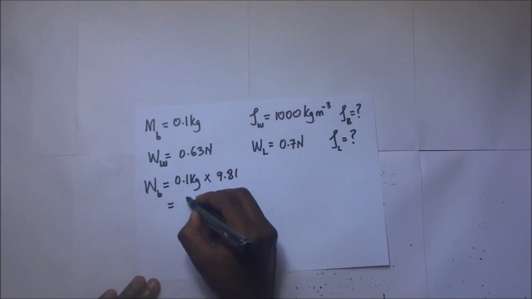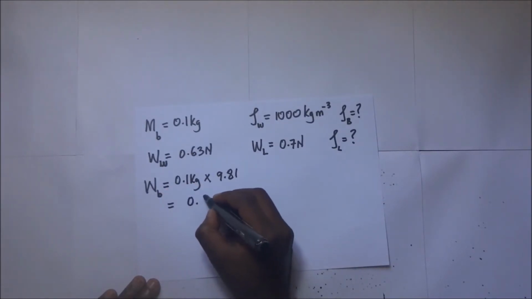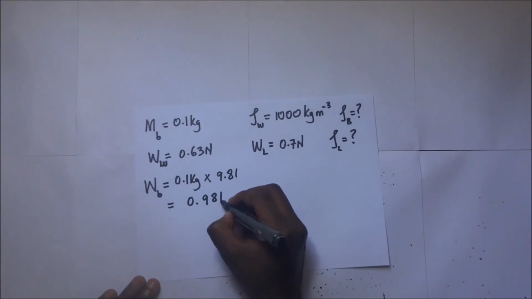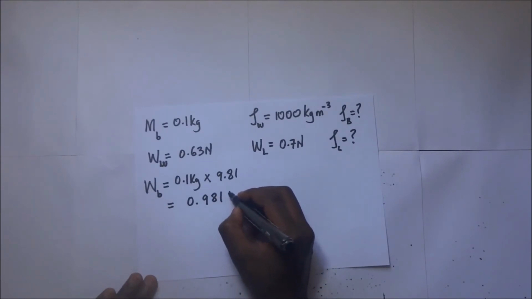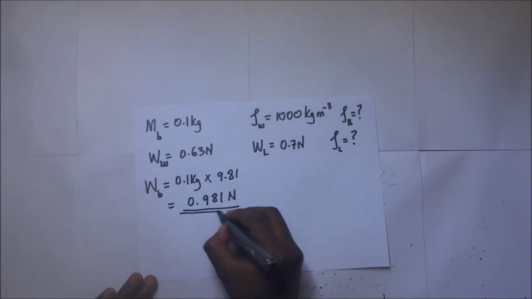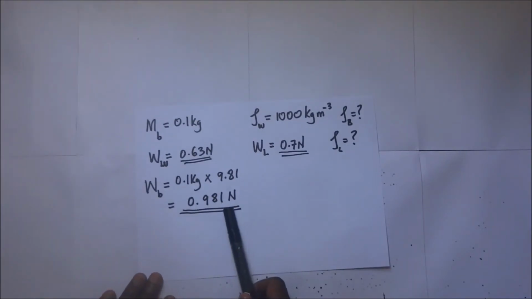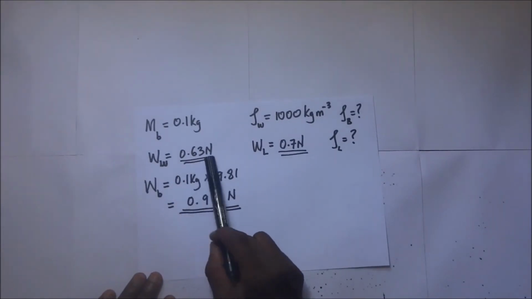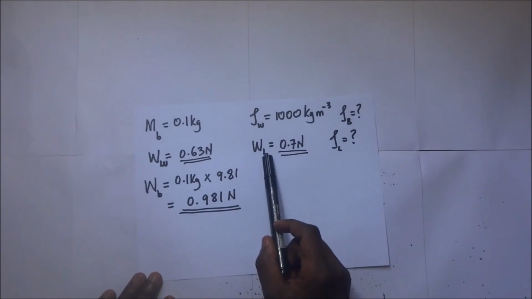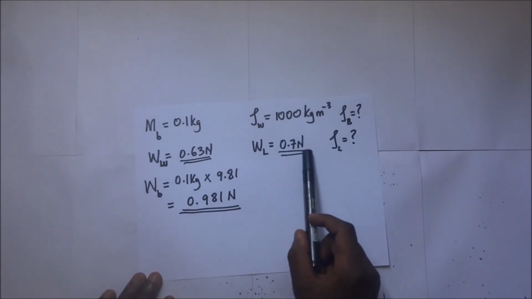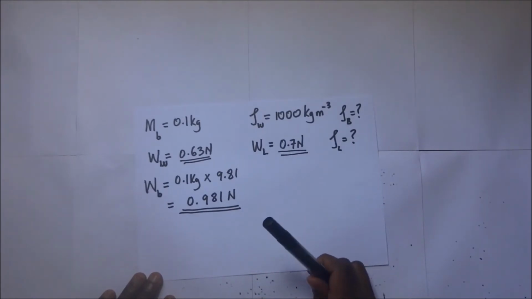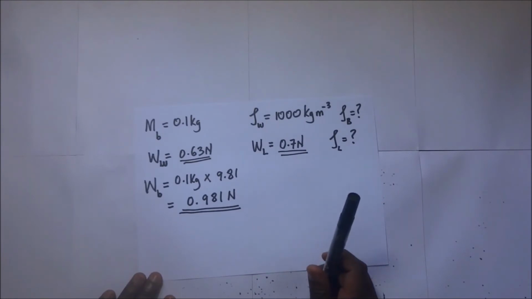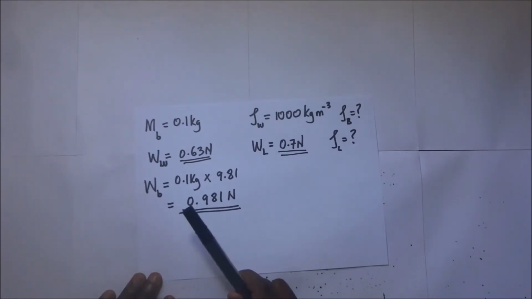And so the weight of the block is going to become 0.981 newtons. We have the weight of the block, the weight when the block is immersed in water, and the weight of the block when it's immersed in the liquid whose density we do not know. So let's go ahead and find the relative density of the block.